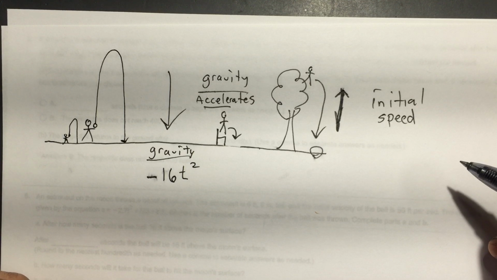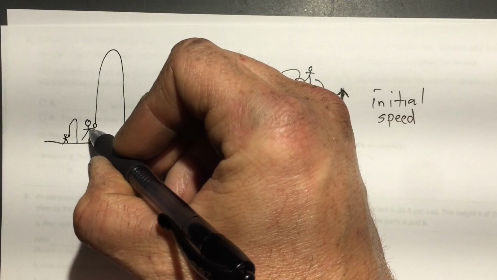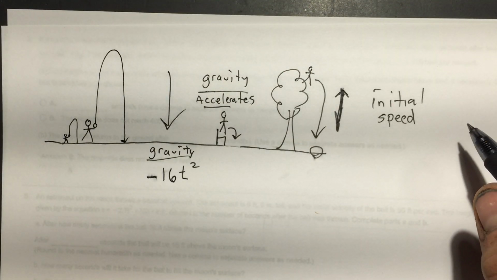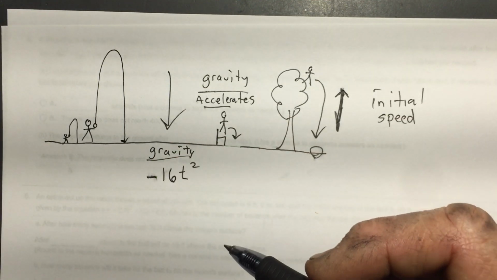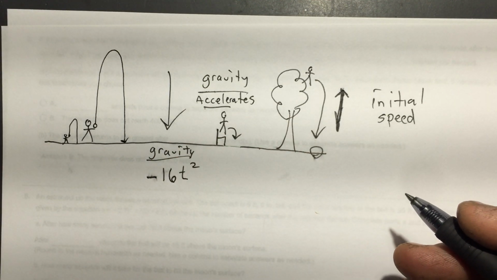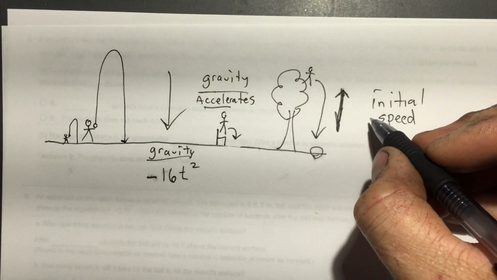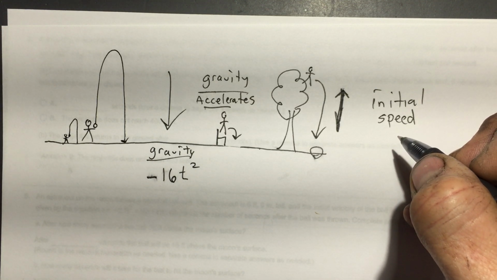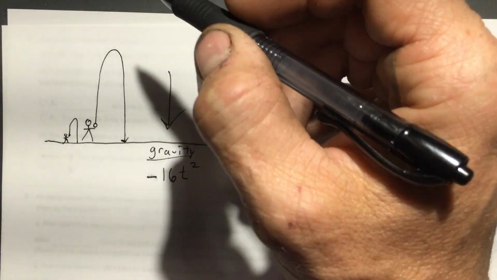He can't throw it that hard. Okay? You take a Major League Baseball player, he may can throw this ball up for miles. I don't know. Maybe not miles, but you get the point here. So how hard you throw the ball makes a difference in how high it goes. Okay, so we call that the initial speed or the initial velocity of how fast it takes off. The faster it gets thrown, the higher it goes up in the air.